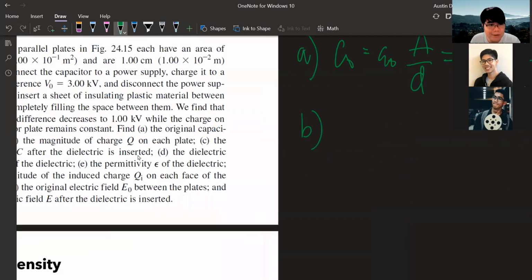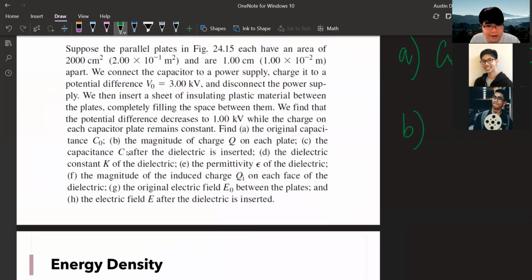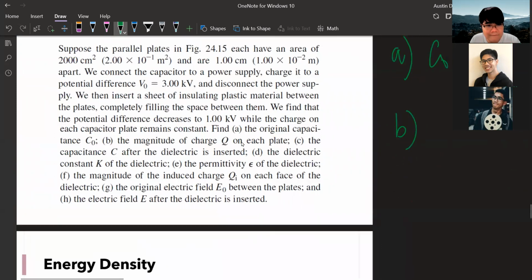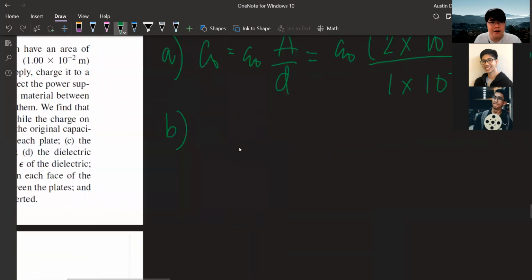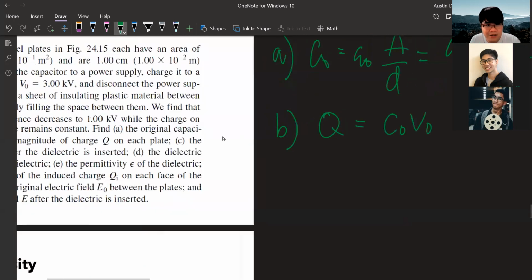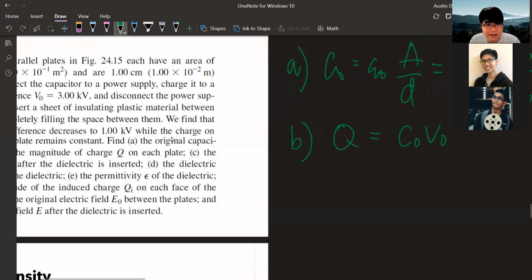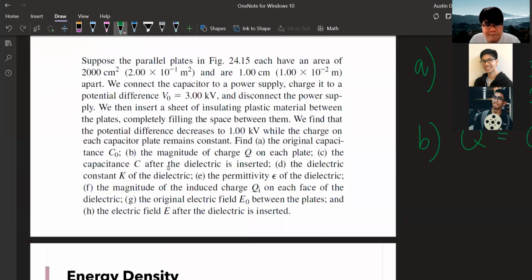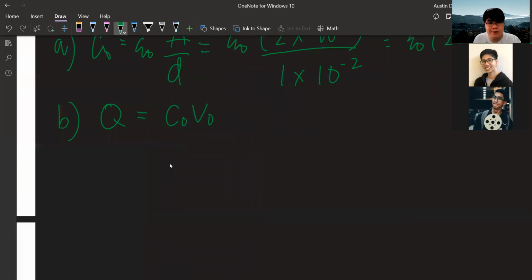Okay, and then we proceed with letter B, the magnitude of the charge on each plate. Gamitin lang natin yung formula for your charge. So that is Q equals CV. Okay, so C naught would be this guy, the initial capacitance. V naught would also be the initial potential difference. So this is 177 times 10 to the negative 12.